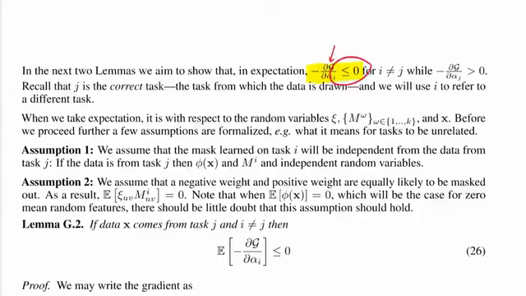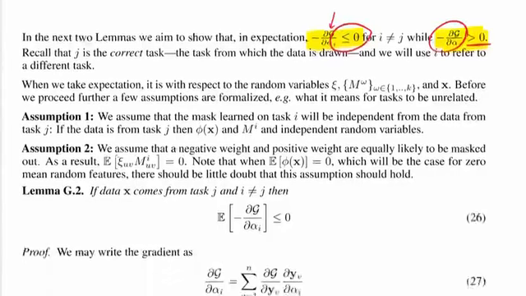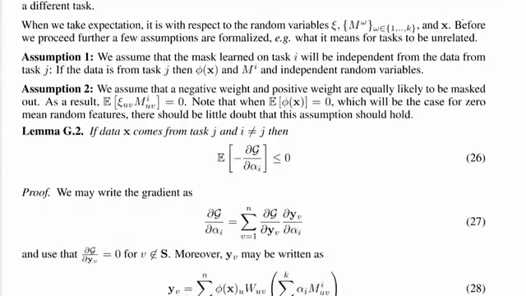However, if we derive with respect to the alpha of the correct task, then we get a negative gradient that's higher than 0. Okay, so we're now going to prove that this, with high probability, really allows us to distinguish the correct task from the wrong task. And we need two assumptions right here.